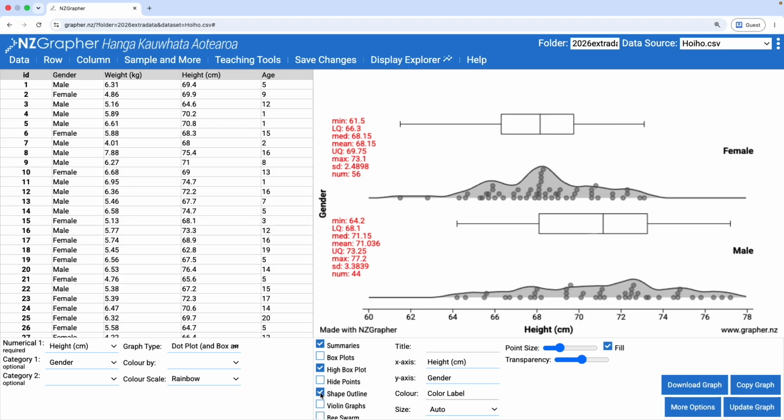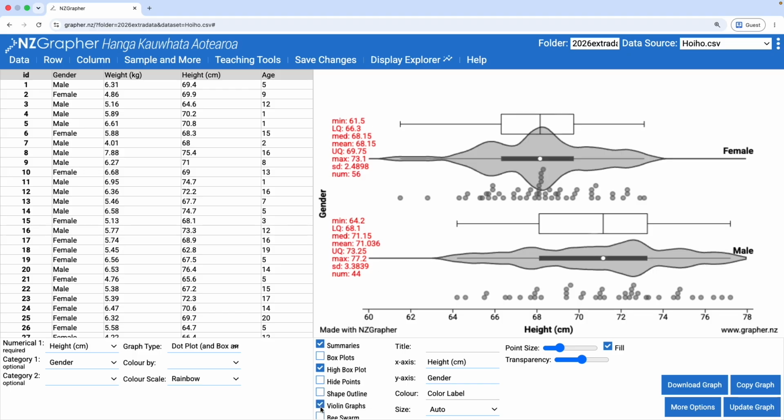What this does is it kind of does some exponential smoothing in and around the data to work out roughly how high it feels like it should be. It's not perfect, but it's a way of visualizing the data, particularly when there's lots of points. Violin graphs basically do the same thing but put them both top and bottom.